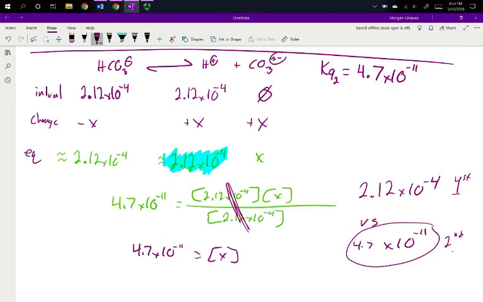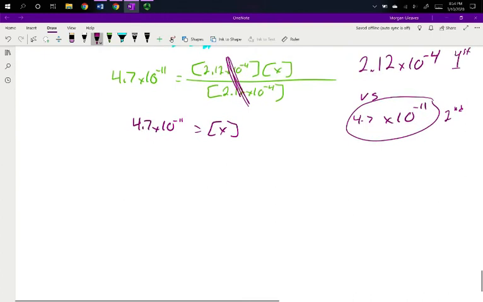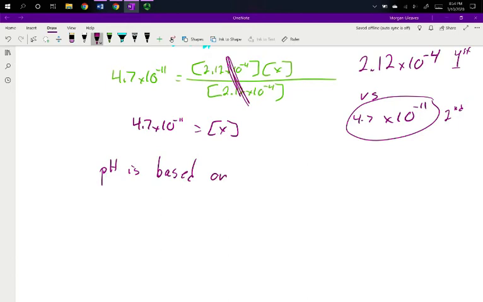The second step does not meaningfully increase the H+. What this means is that your pH is based on the first step. Your pH will be based on the first step. The H+ from the second step won't change the concentration enough to alter the pH. Not if you already have the first step.